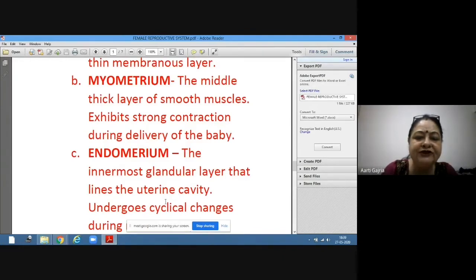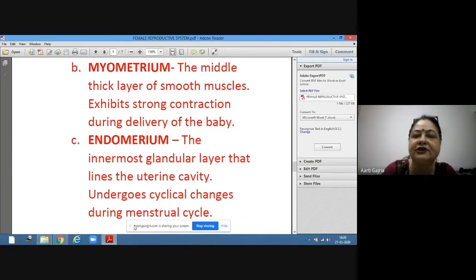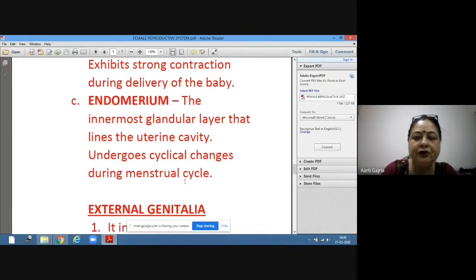This endometrium undergoes cyclical changes during the menstrual cycle. We are going to learn about the menstrual cycle in detail, and you will learn how endometrium plays its role in that cycle. So endometrium, another 1-mark question. The function of endometrium is that it undergoes cyclical changes during the menstrual cycle.